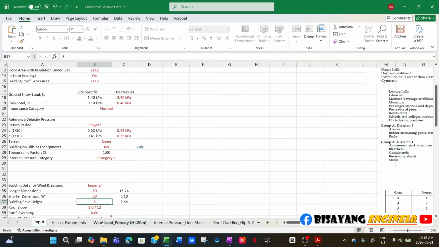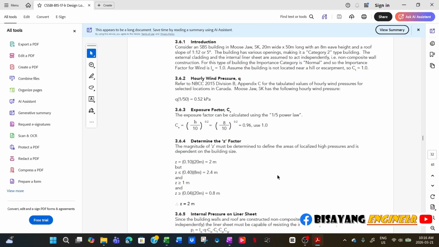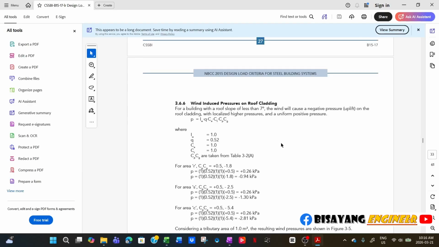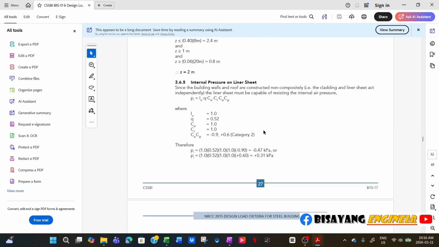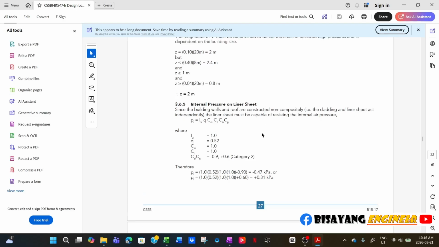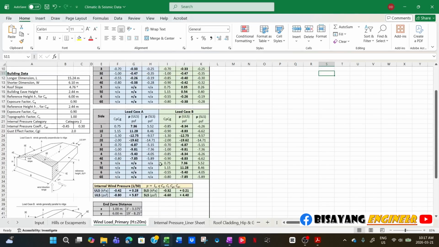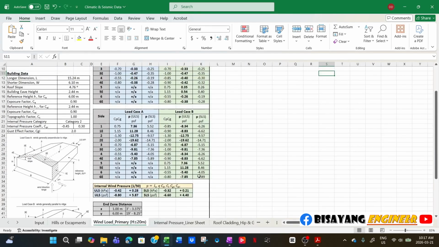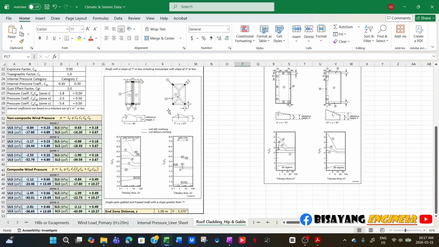Now, in the wind load, in this example, he calculated first the wind induced internal pressure on the liner sheet. Now, in the building code, you will see this kind of figure, this one diagram, and then for cladding, this one here.